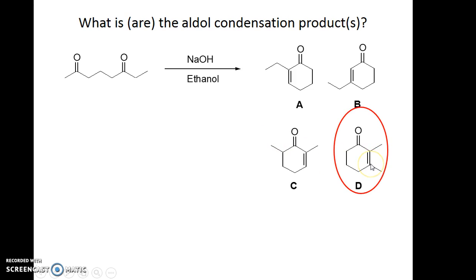That's this one. And if I have this one doing a nucleophilic attack here, I'm going to get an ethyl. Where is that ethyl going to be? It's going to be on the far end of that double bond. So it's not going to be this one, it's going to be this one. So these are the two aldol condensation products that form.